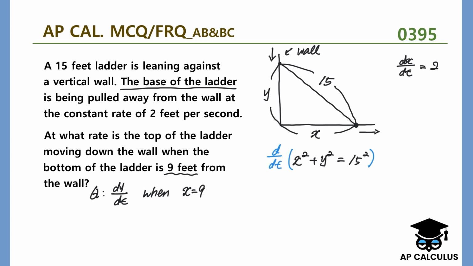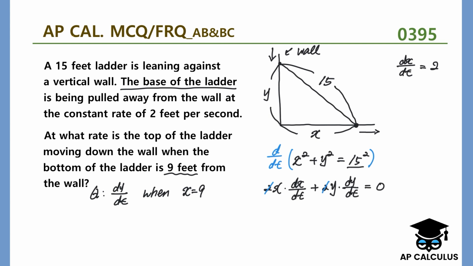The derivative of x squared is 2x times the derivative of x with respect to time t, so we have dx/dt, right? Y squared: 2y times the derivative of y, dy/dt, is equal to the derivative of a constant, which is always equal to 0, right? So divide each term by 2, which means we can just eliminate this, right?